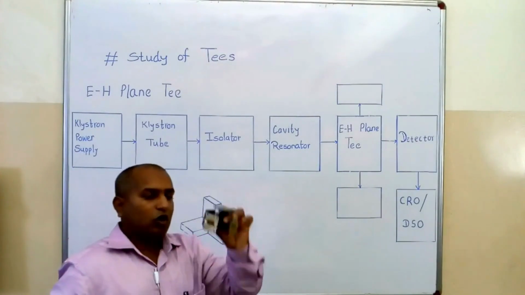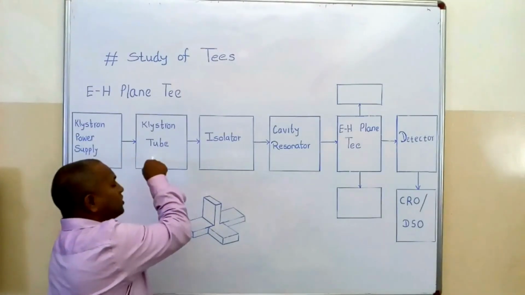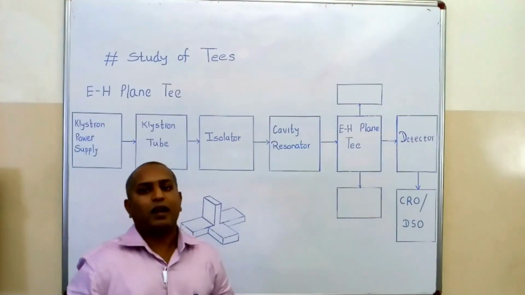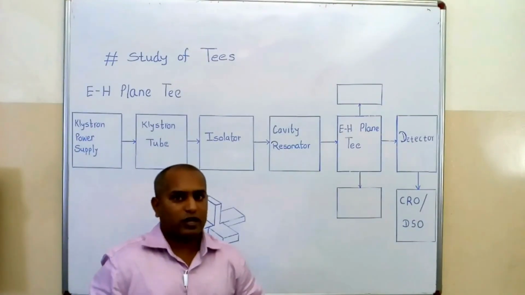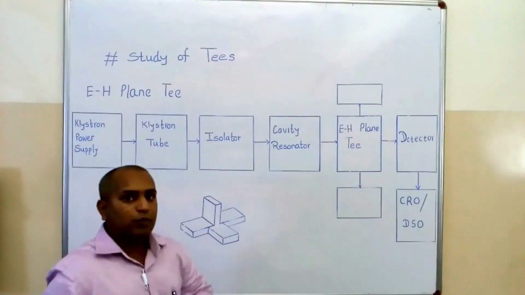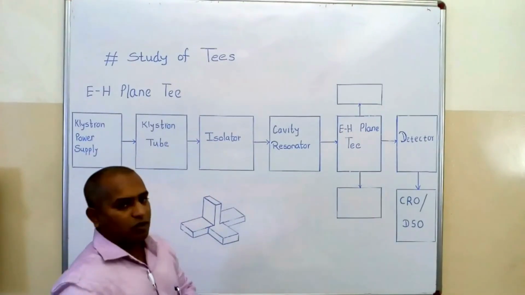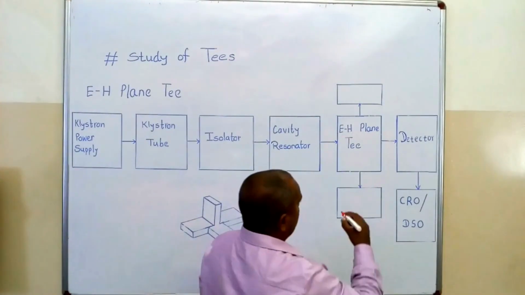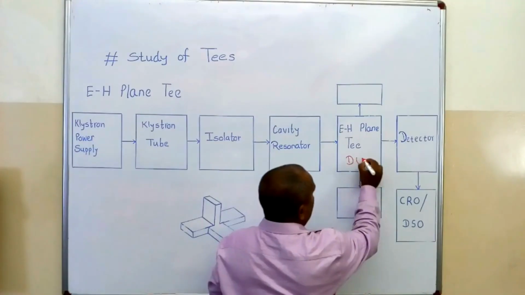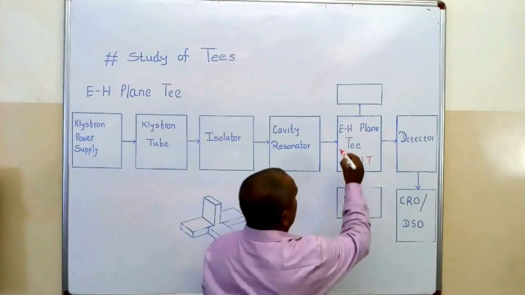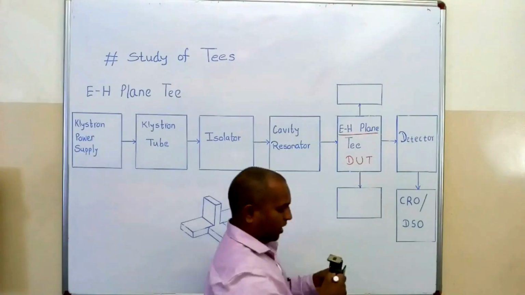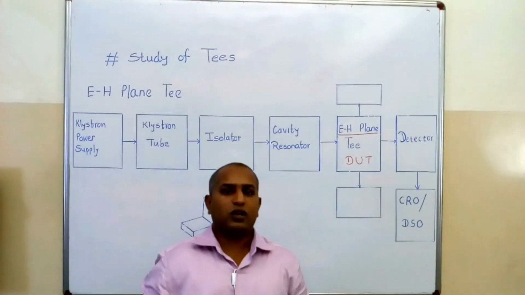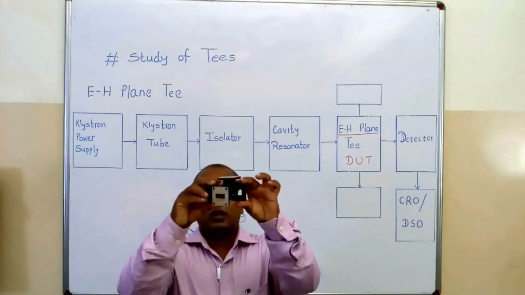Already we have referred to this block diagram in the E-plane T and H-plane T. The same block diagram we will use for the EH-plane T. In this block diagram, the only difference is that my DUT, device under test, is an EH-plane T. The physical structure of your EH-plane T looks like this.